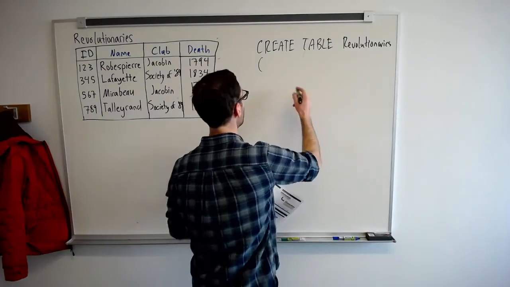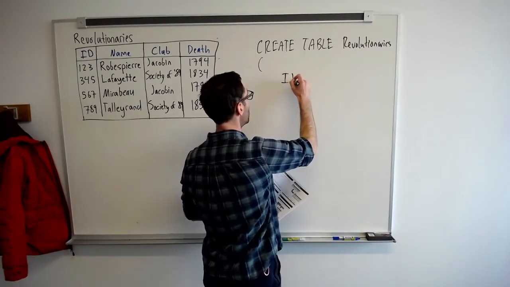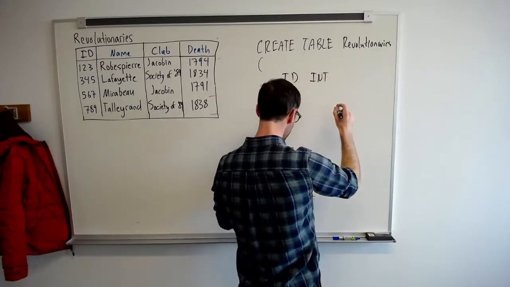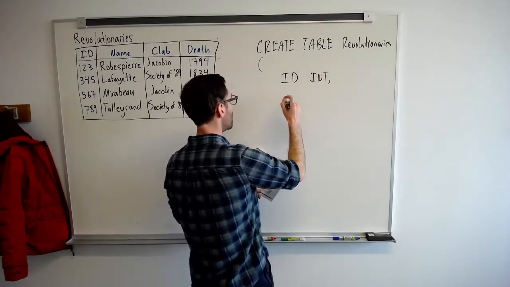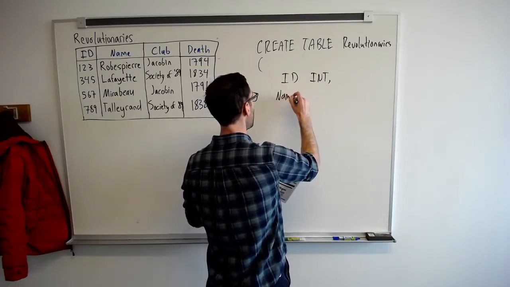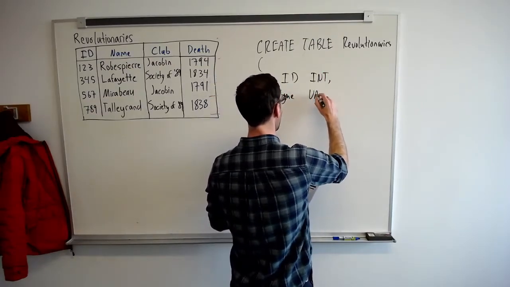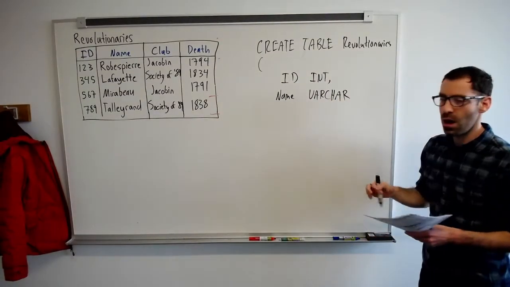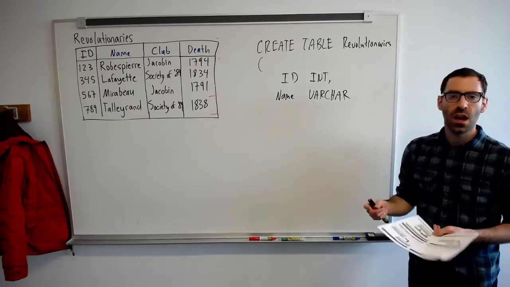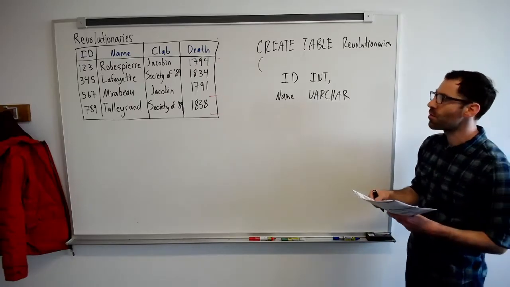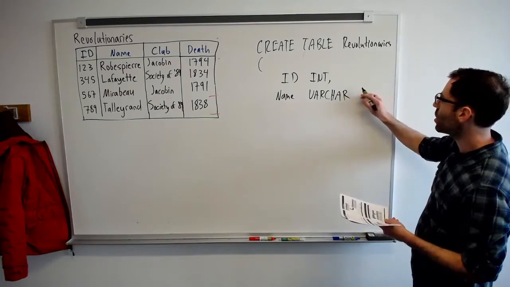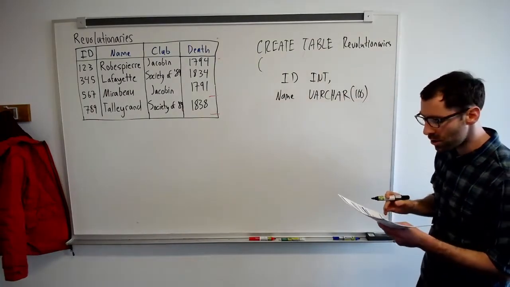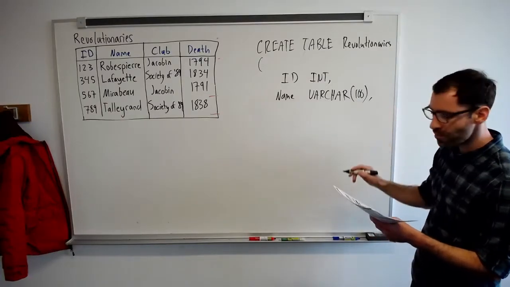and here we give the attributes and the type those attributes will have for our table. So we would say ID, it's going to be an int, and we're going to have name, and we'll make it a varchar, a variable length string, and French nobles can have very long names, so maybe we'll say 100 characters as a maximum length for that.